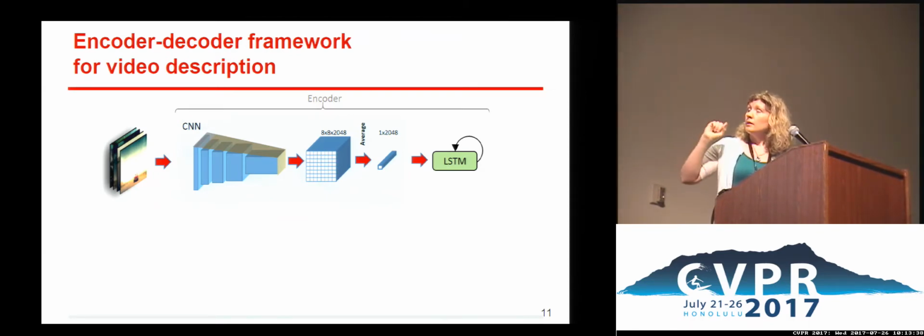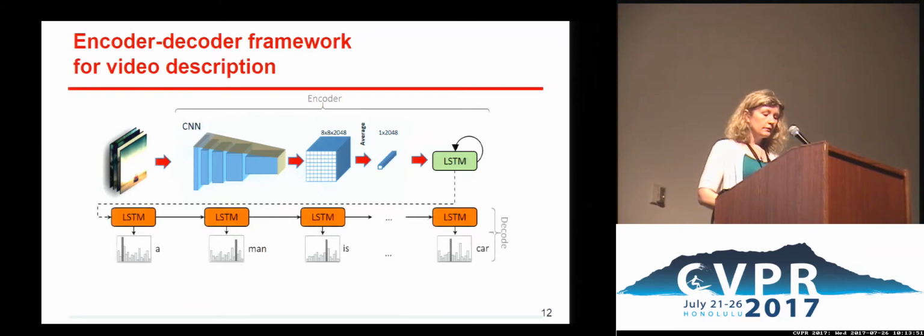Then these features are average pooled to produce a single 248 dimensional vector. Now this vector represents all the semantic content of that frame. These frames are encoded by an LSTM encoder, and then that state is fed into an LSTM decoder, which predicts the words.